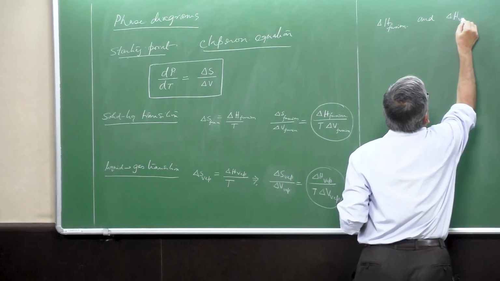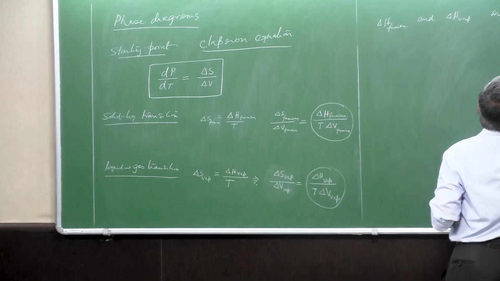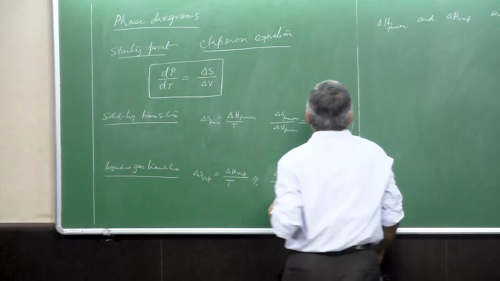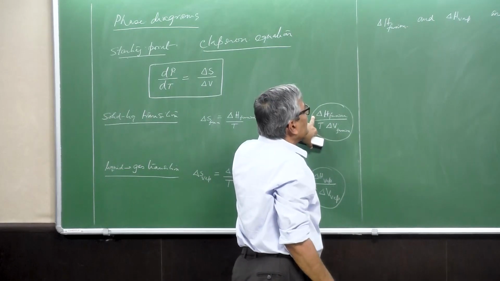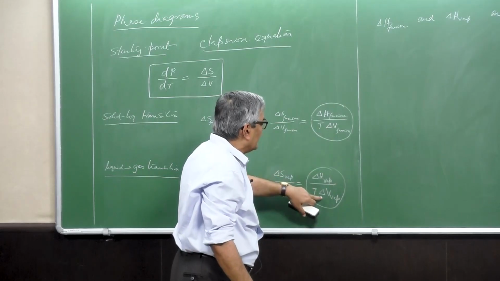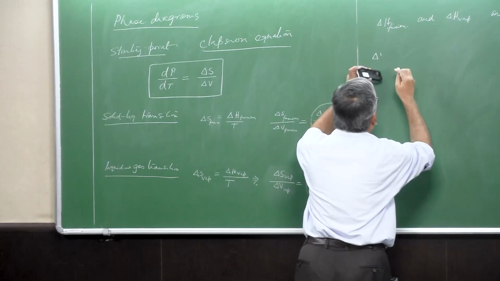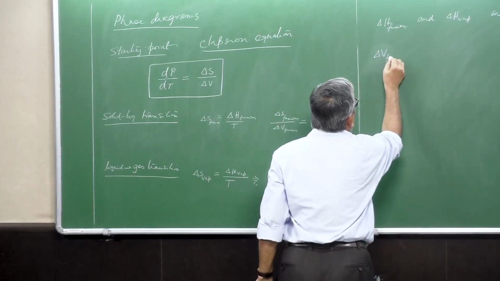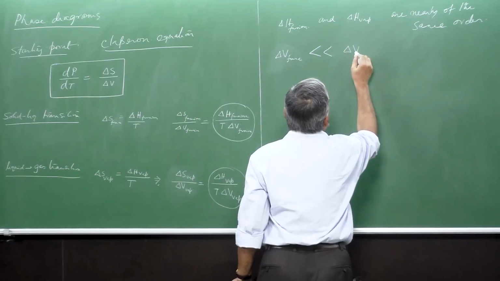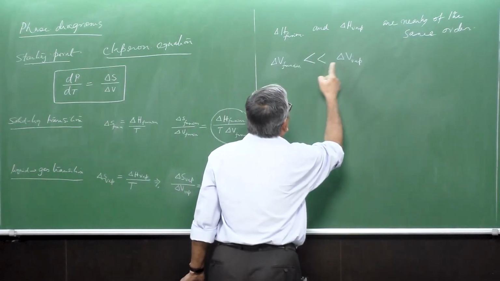If this is so, now if we compare the two, what is there in the denominator, delta V for fusion is much less than delta V of vaporization. Say it is much less than this.